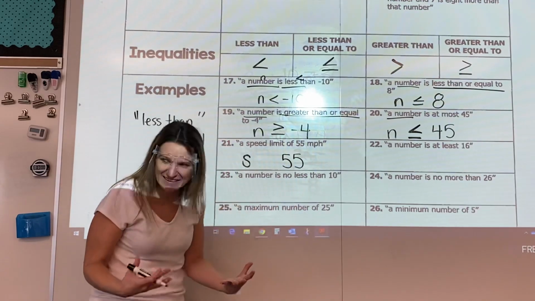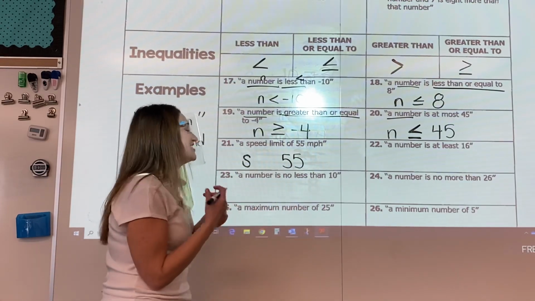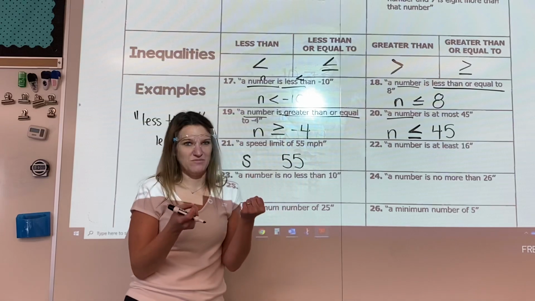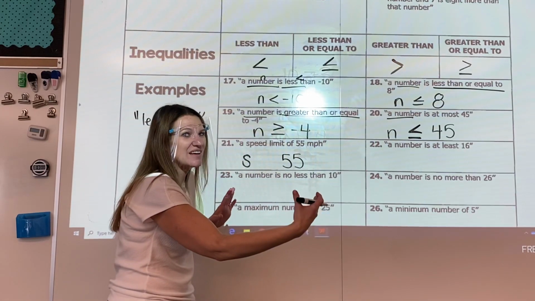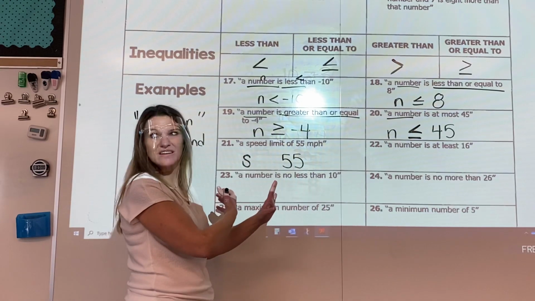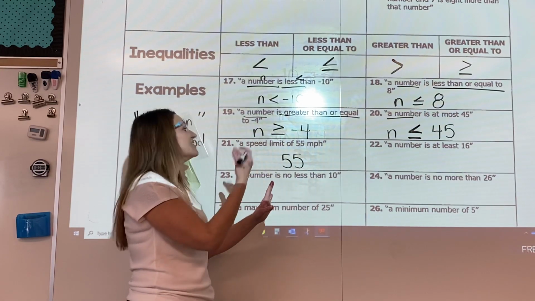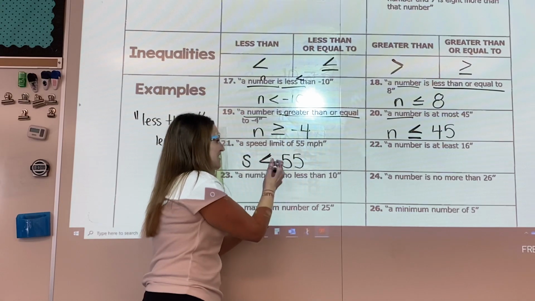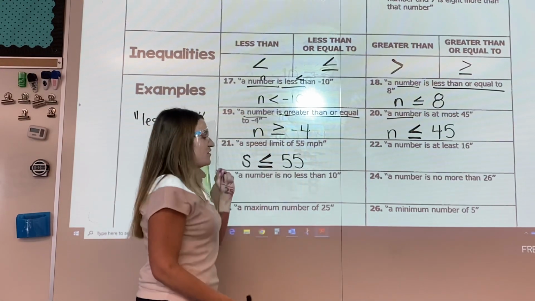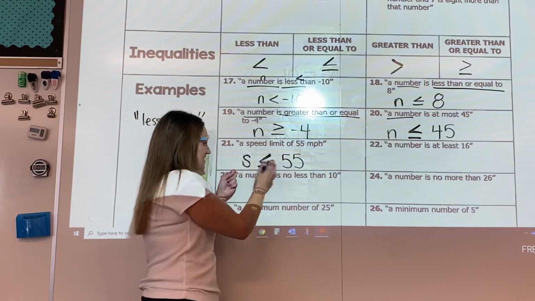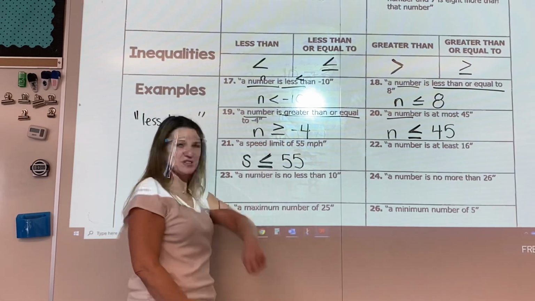Now, technically, if there's a speed limit sign on the road, should you be going more than the speed limit or less? Less, obviously. But since the speed limit is 55, you can also go 55. So the speed is less than or equal to 55. That represents our limit.